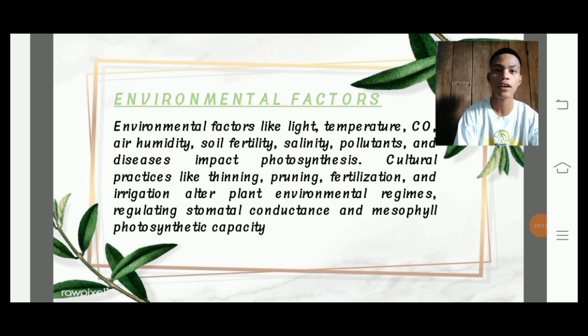So, first is environmental factors. Environmental factors like light, temperature, CO2, air humidity, soil fertility, salinity, pollutants, and diseases impact photosynthesis. Cultural practices like thinning, pruning, fertilization, and irrigation alter plant environmental regimes, regulating stomatal conductance and mesophyll photosynthetic capacity.